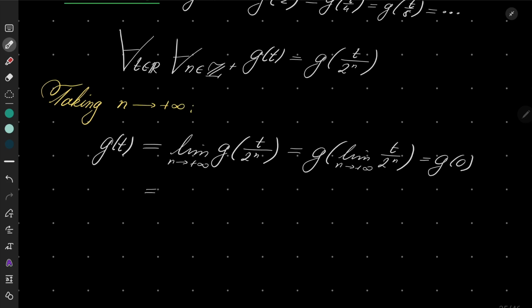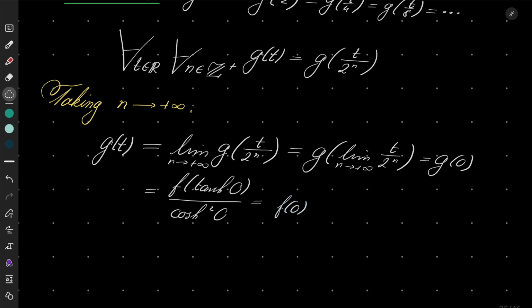Well, if we go back, it's f of hyperbolic tangent of 0 over hyperbolic cosine squared of 0. So it's just f of 0 over hyperbolic cosine of 0. It's easy to verify, it's just 1, so it's just f of 0.